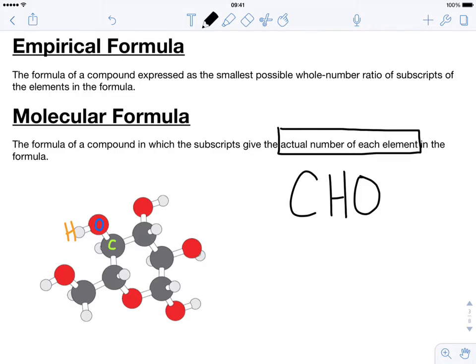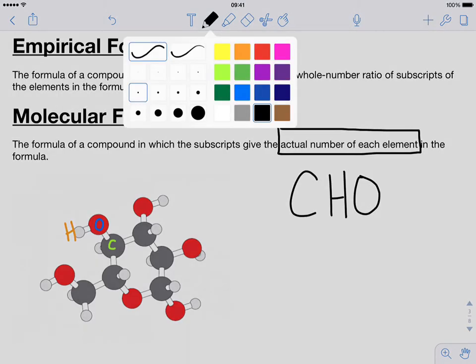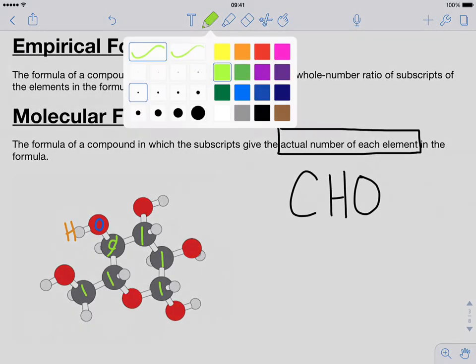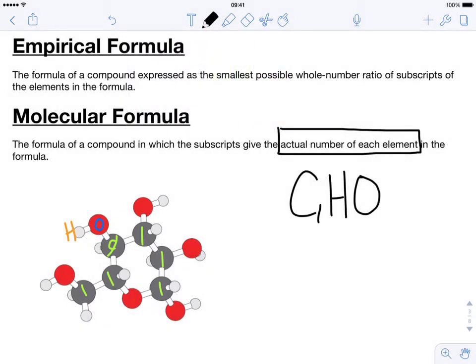If we count how many of each element is in this compound, that will be our molecular formula. So let's take a look at carbon atoms first and count them. There are 1, 2, 3, 4, 5, 6 atoms of carbon. So that 6 becomes our subscript right here by carbon.